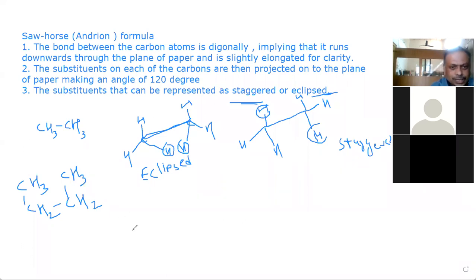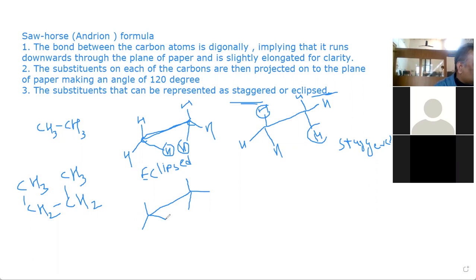Sawhorse projection: draw a line slightly downwards. Now draw three substituents. One, two, three on the second carbon atom, and on this carbon atom, one, two, three.